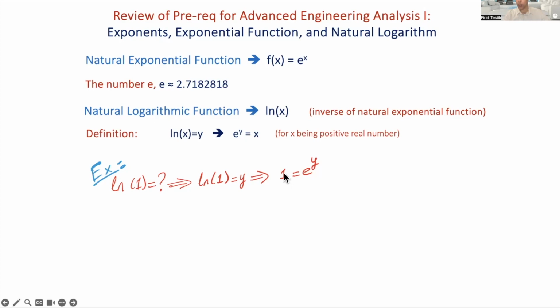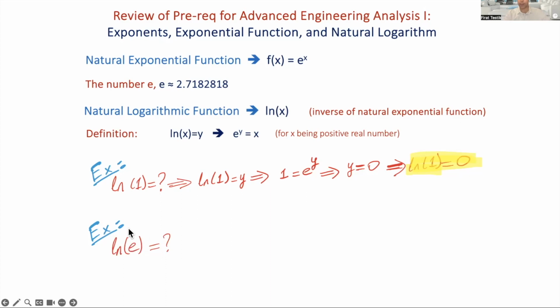So we can write 1 as e to the power 0, meaning that left side of the equation, e to the power 0, has to be equal to the right side of the equation, which is e to the power y, which means that since bases would be the same, exponents have to be the same, so y should be equal to 0. So ln 1 should be equal to 0, because if y is equal to 0, then ln 1 equals y, which is equal to 0. So this is an important case that we will also utilize later on in different examples.